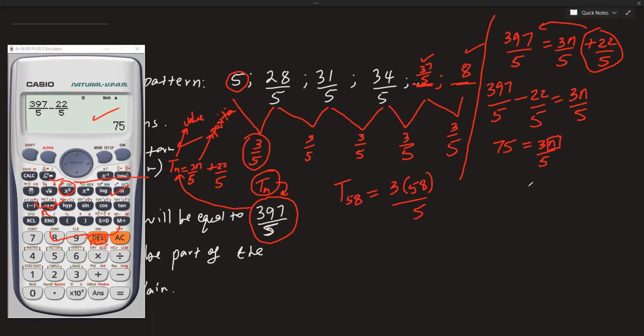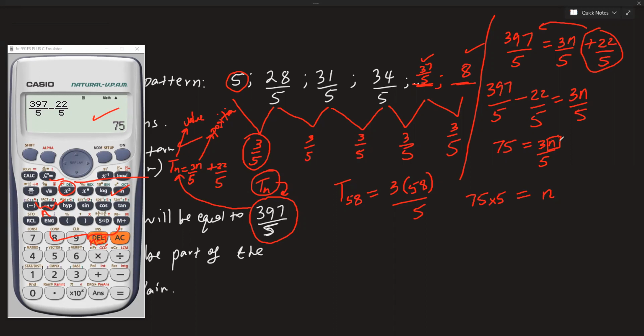I need the n to be isolated. So the n is there, and this side I have 75, right? I'll show you something now. Whatever the number is doing to the n, this side is going to do the opposite on that side. For example, the 5 is dividing relative to the n, so this side is going to multiply.